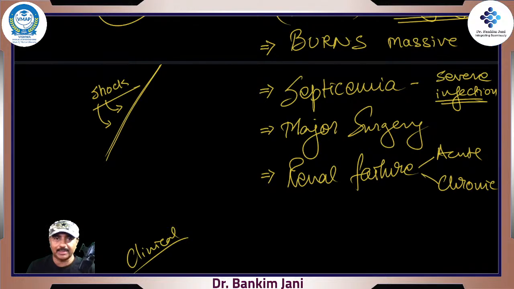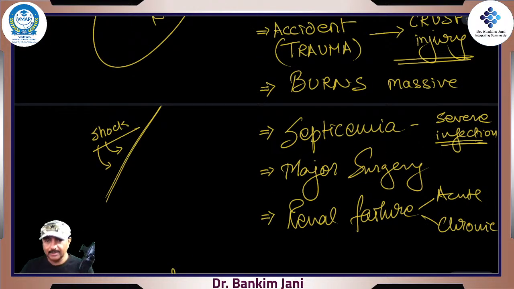So when hyperkalemia is there, these are very important. Then there is acidosis, various types: metabolic acidosis, metabolic alkalosis, respiratory acidosis, and respiratory alkalosis. These four are super confusing topics. We'll take them up later.